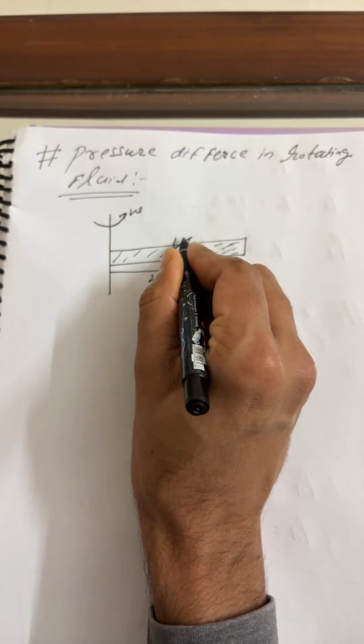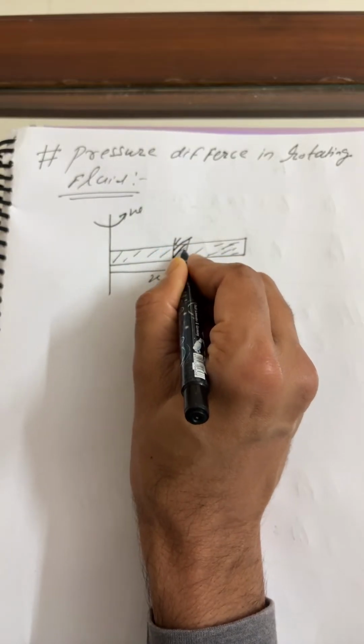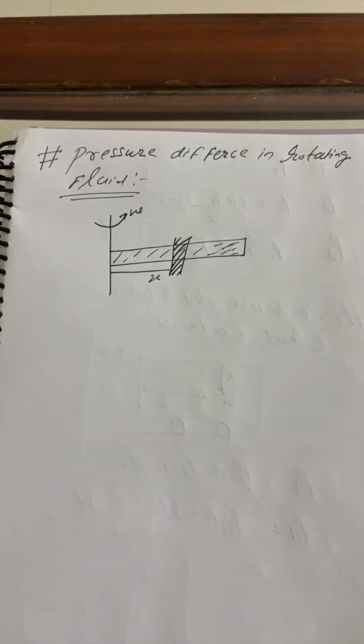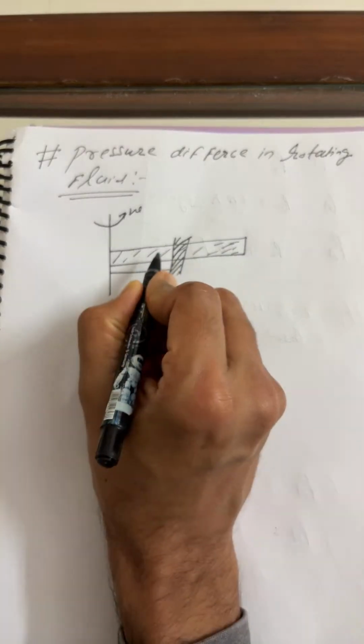This is a very useful point, so keep it in your mind. If there is a linear variation, the first step is to move x and take an element dx. Okay, so you can write over here.